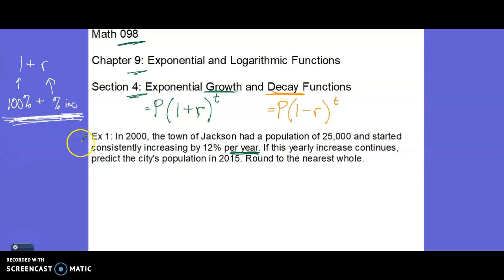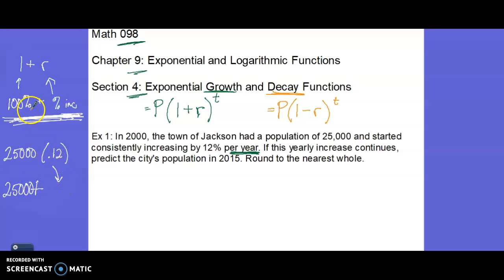What you learned when you did problems like this is you may have said, oh, well, to figure out the percent increase, you would do 25,000. I'm looking at this problem specifically. And you'd multiply by 0.12. And then you'd find out what that number is. I'll write that right here. And then you add that to 25,000.